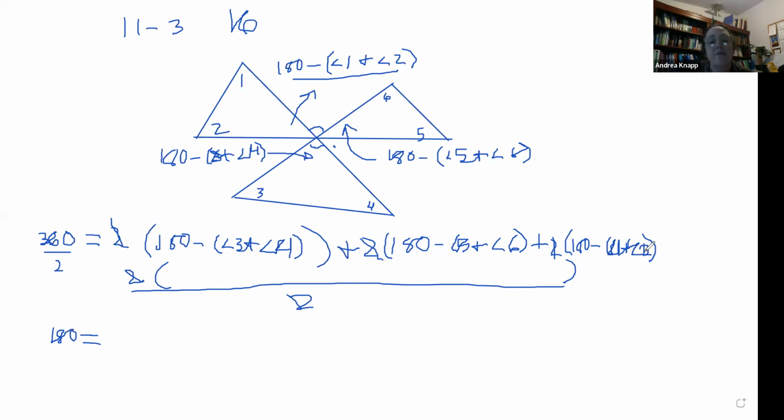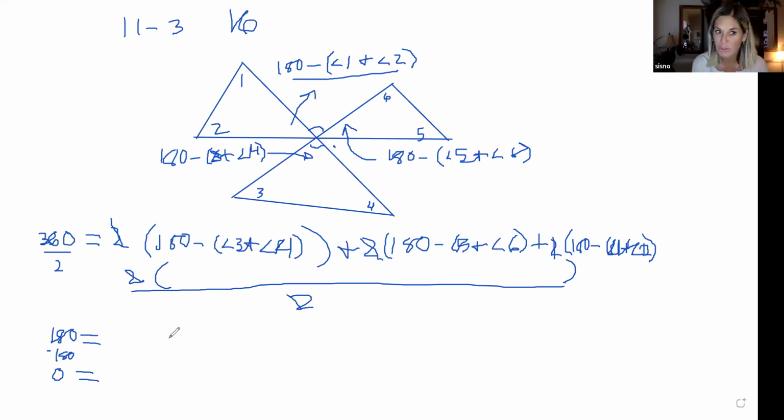So what could I subtract from both sides? The 180s. Let's subtract 180 from both sides. So if I do that, I'll have 0 on the left. But you've got the 180 written 3 times though.